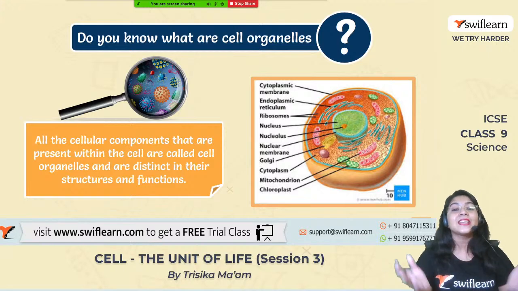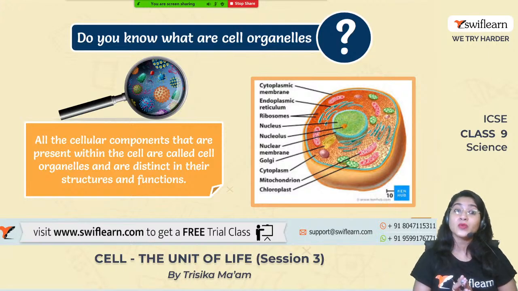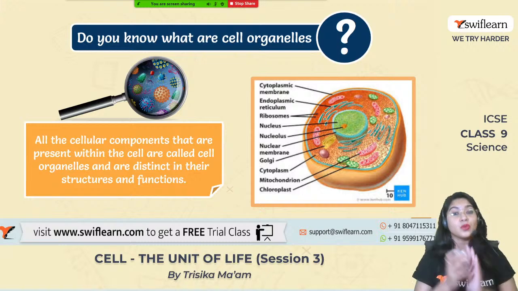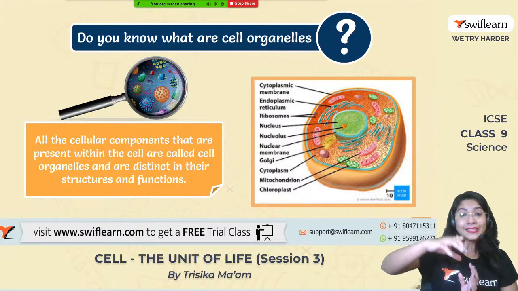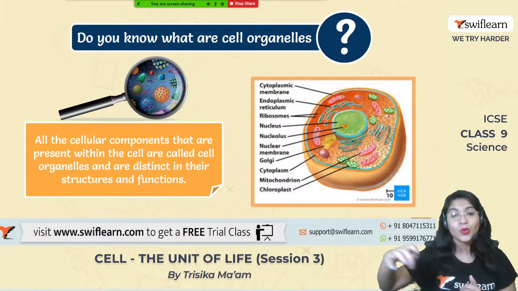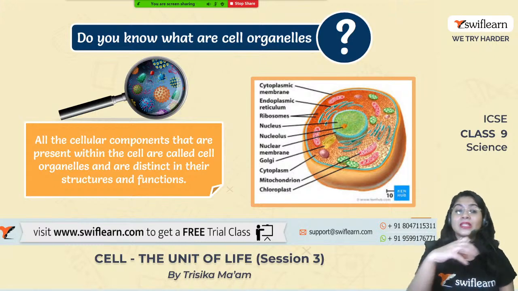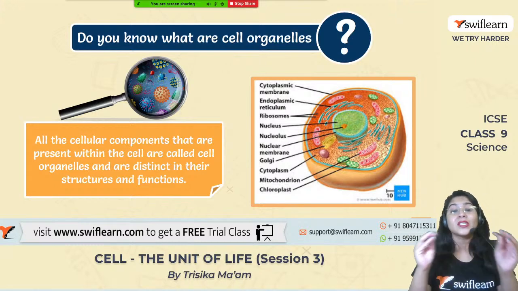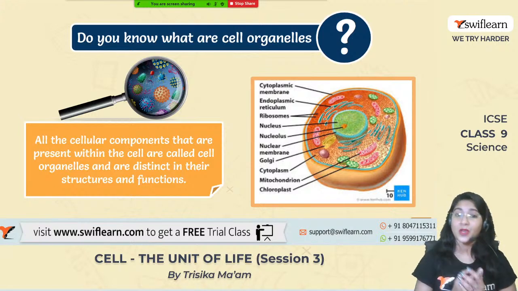So what are the cellular organelles? These are the organelles which are present within the cytoplasm of the cell. Remember that cytoplasm is the fluid which is present within the cell just inside the plasma membrane and outside the nucleus. Within the cytoplasm, various types of cell organelles are suspended, right?